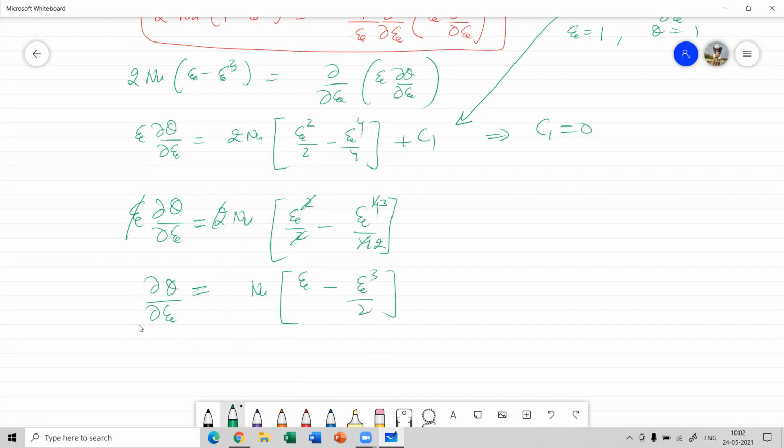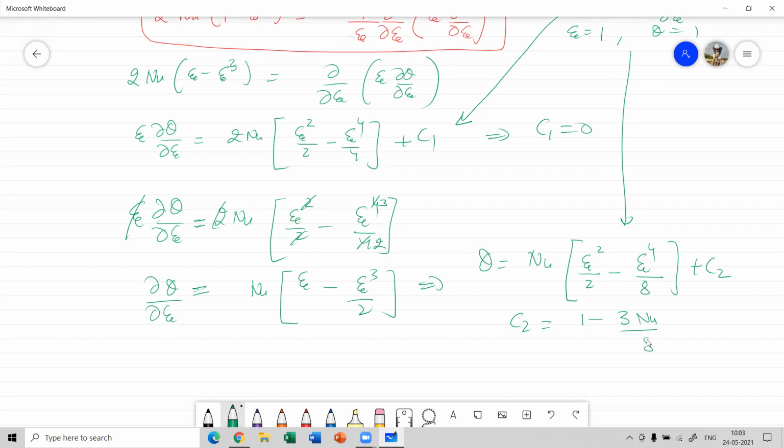Right. Now again, if we integrate this term, theta can be Nusselt number into zeta square by 2 minus zeta 4 by 8 plus C2. Now we use the second boundary condition, that when zeta is 1, theta is 1. So from here we have the value of C2. C2 is 1 minus 3 Nusselt number by 8.